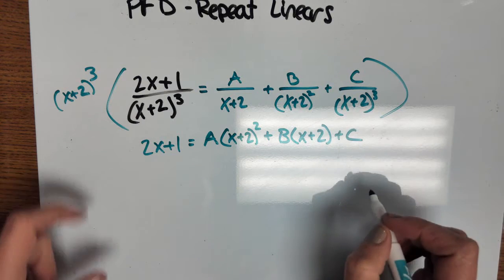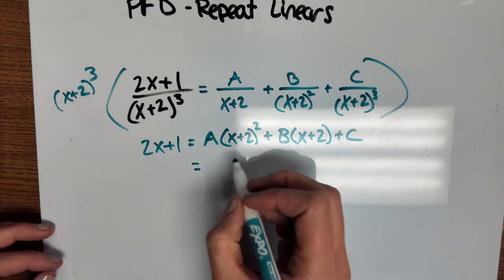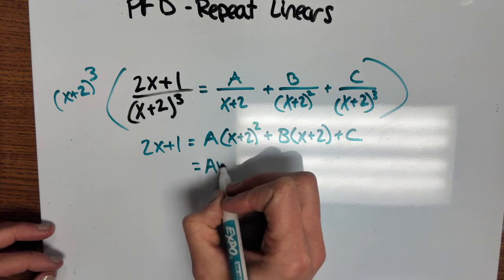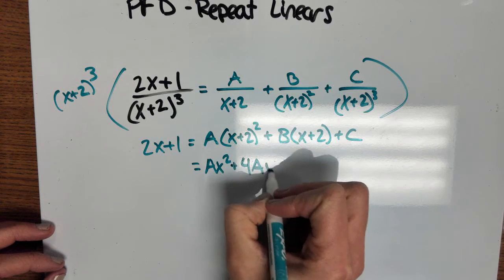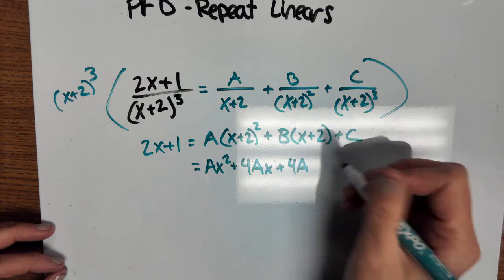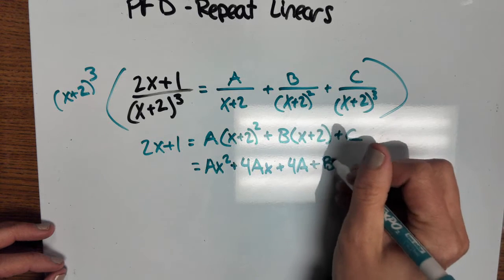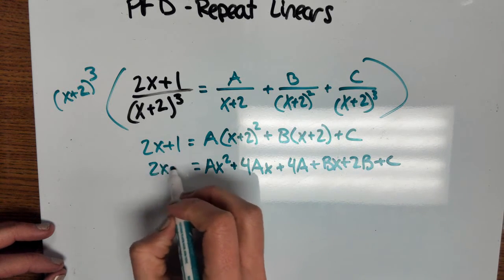And then my c, we had 3 on the top, 3 on the bottom, they both cancel. So if we go through and we distribute this out, we get ax squared, that's going to give me 4x. So I'm going to write it 4ax plus 4a, that comes from foiling it out, plus bx plus 2b plus c. So that's equal to 2x plus 1.